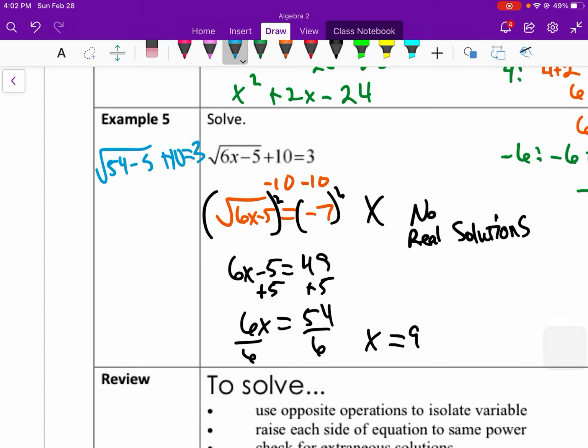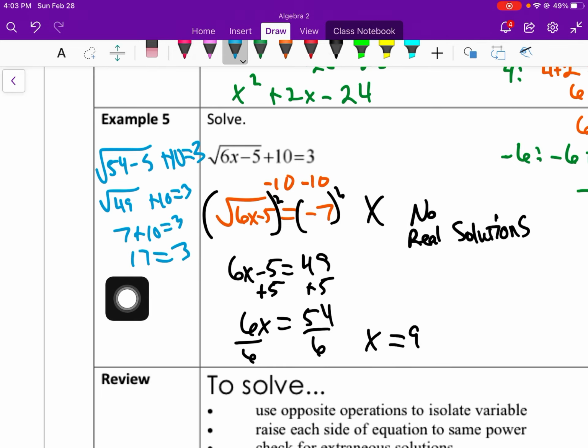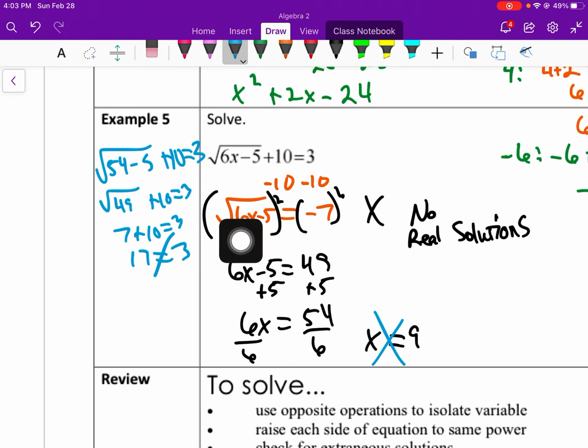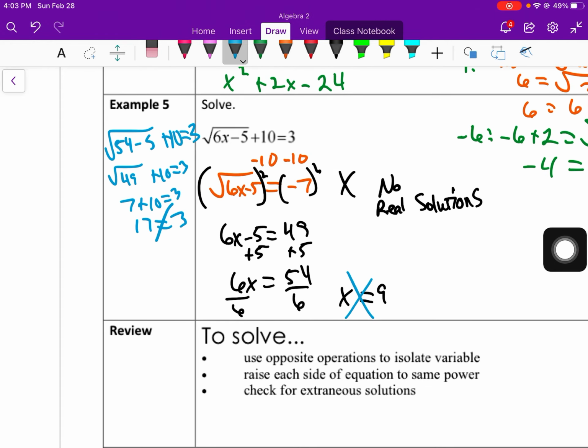And it should equal 3. So it would be the square root of 49 plus 10 equals 3. The square root of 49 is 7 plus 10 equals 3. So 17 equals 3. That is not true. This is not true. Therefore, it is an extraneous solution. And that's why we could have stopped right here. The square root was set equal to a negative number. That's not possible. No real solutions.